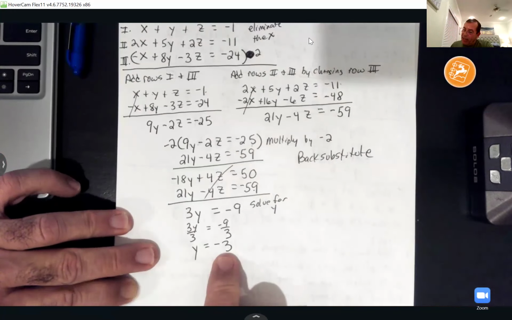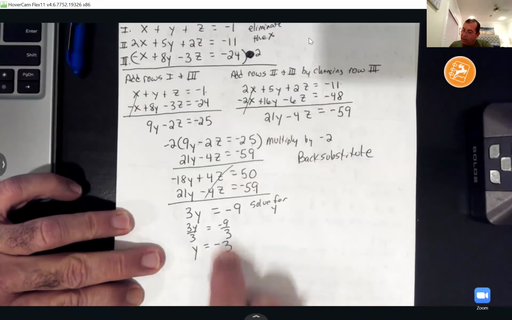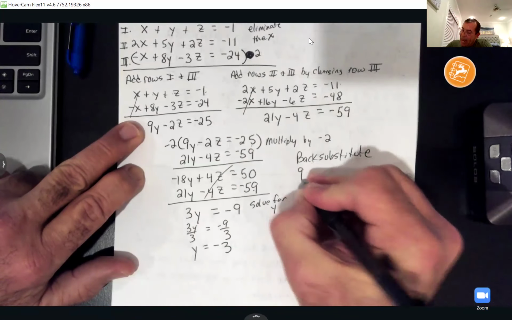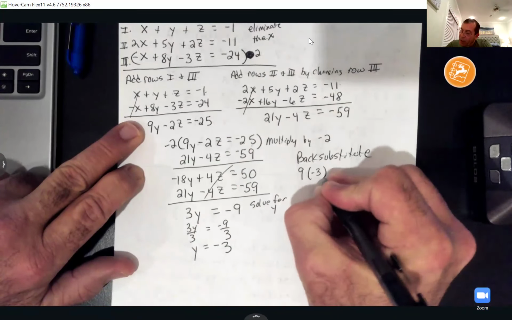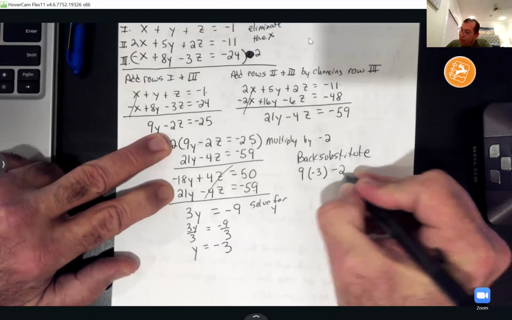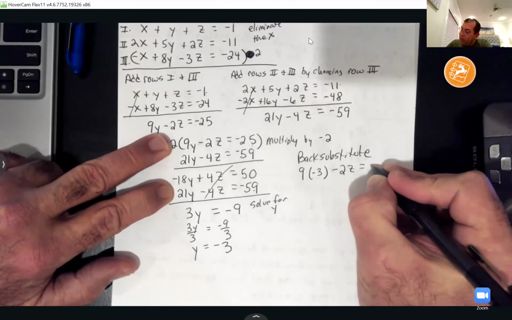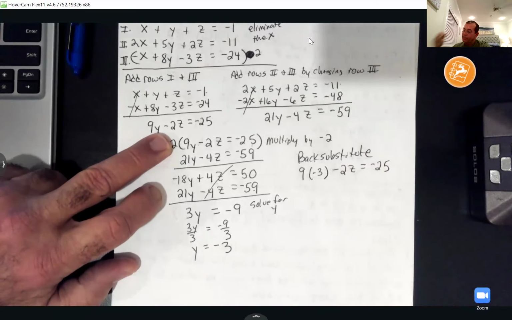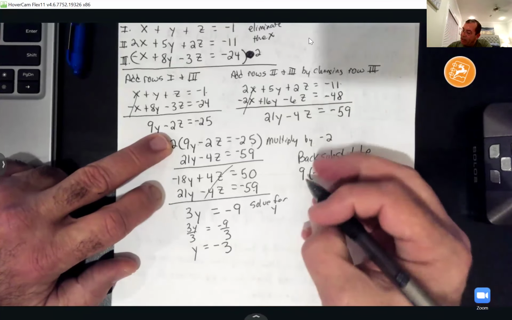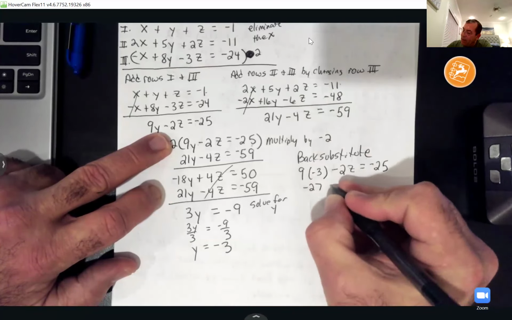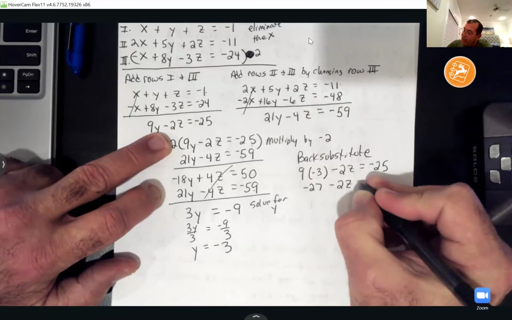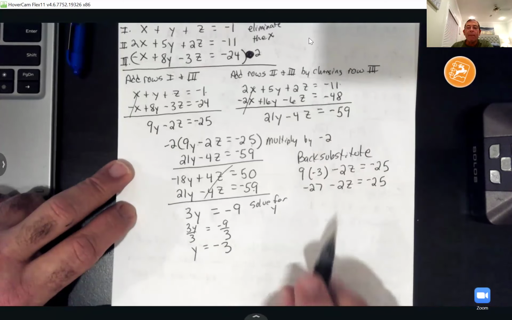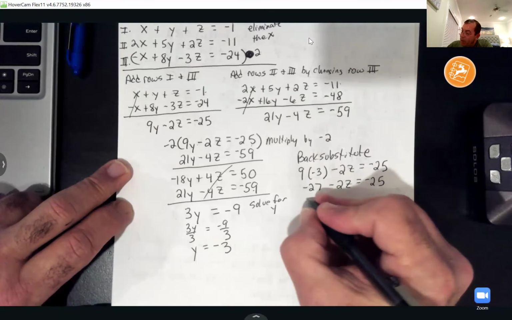All right, so I'm gonna put the -3 in for one of the y's. This one looks easier. So I'm gonna have 9 times -3 minus 2z equals a -25. All right, remember, multiply first. So that's going to give us a -27 minus 2z equals -25. I'll then add 27 to both sides.